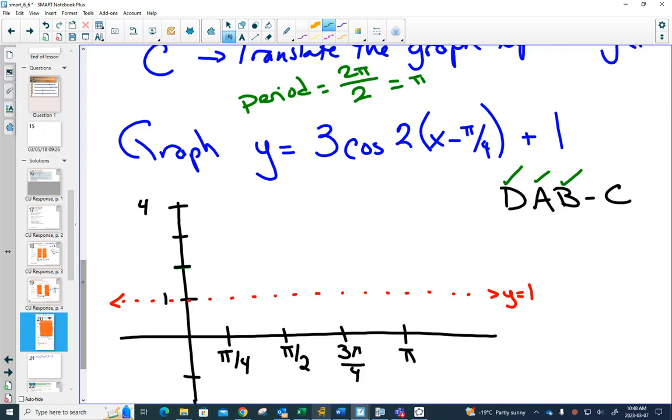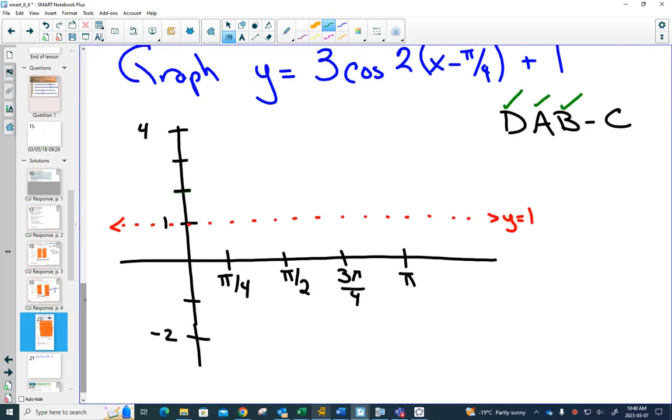So now, when I go on to my graph here, when I'm doing the dash part, that means draw your graph without the shift. A cos graph starts at the maximum, so I label a point at my maximum. Then I go to my center line and label a point. My minimum, label a point, back to center line, and then back to maximum.